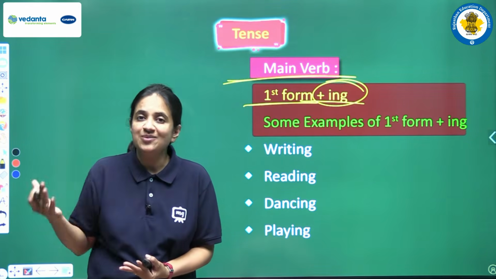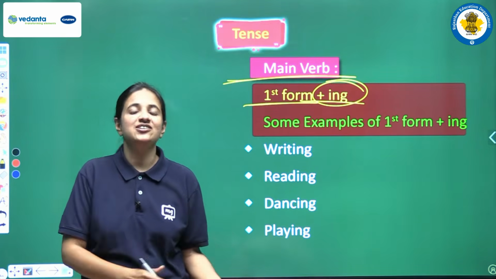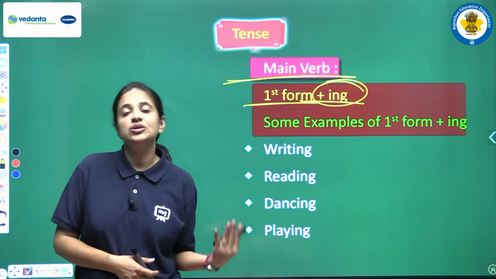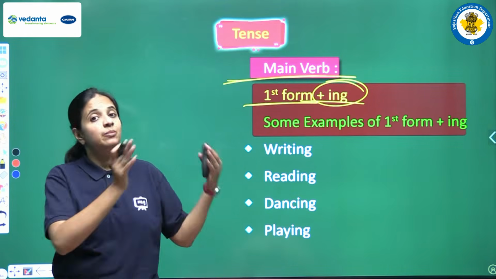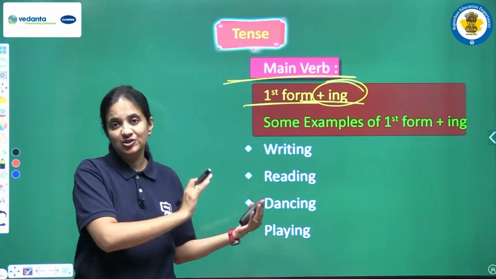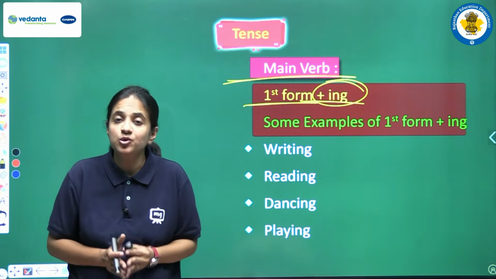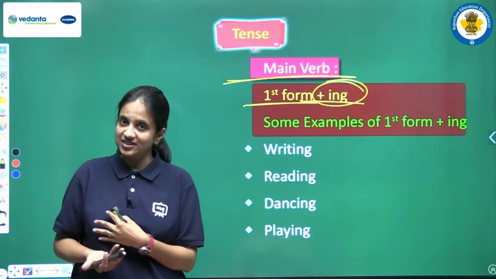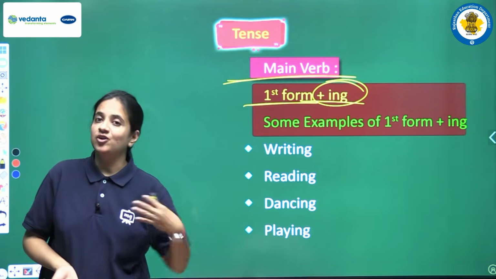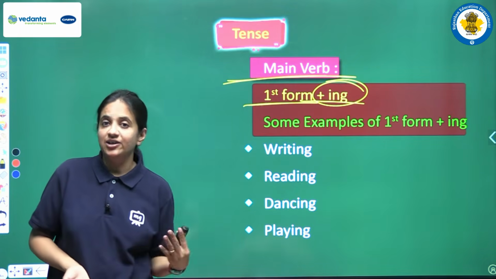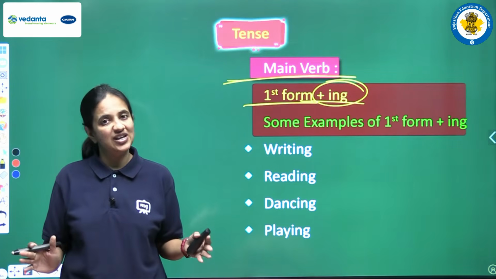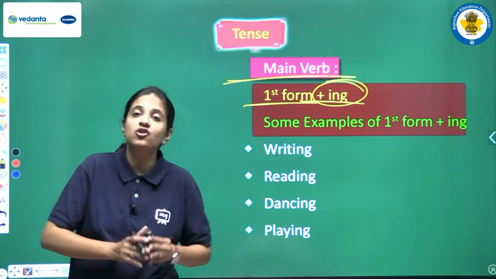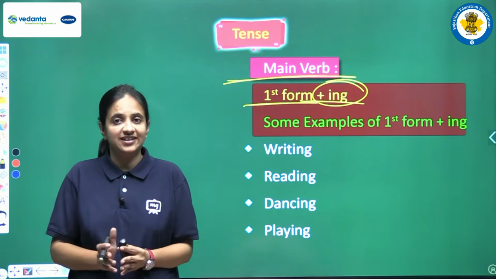But at that time we also had some conditions, different rules in positive sentences or negative and interrogative sentences. But in present continuous tense, we have the same rules for all kinds of sentence, whether the sentence is positive, negative or interrogative. That makes no difference, because we have similar rules for all the different kinds of sentence. Clear?